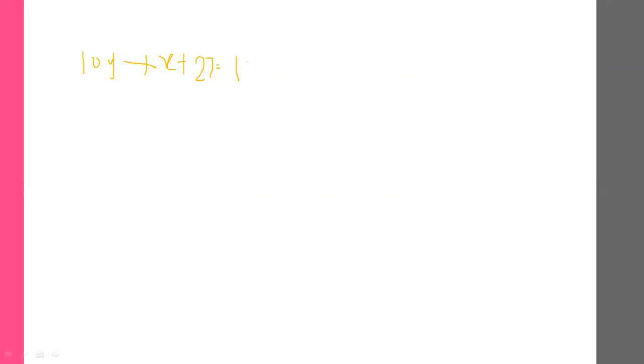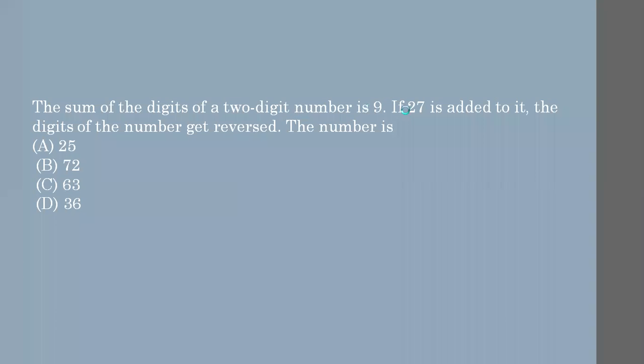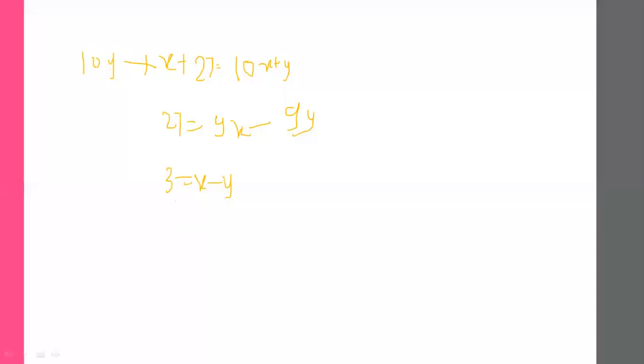So it will give answer as 10x plus y. When we shift to this side, then x and 10x will give 9x, and y minus 10y gives minus 9y. So we take 9 common, 3 equal to x minus y, and we are given that the sum of the digits is 9. So 9 equal to x plus y.